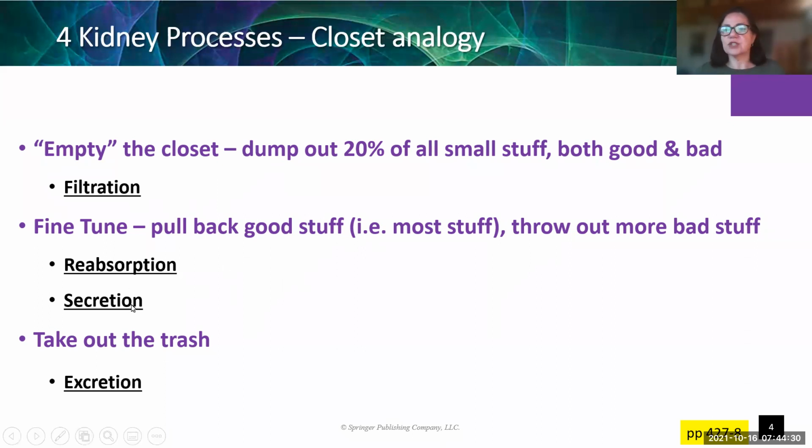That's the process of secretion, where we actively select things to pull out, not just dump 20% of whatever's in the closet. And then finally, the stuff that's left out on the floor, we take that out to the trash. That's the process of excretion. That stuff that got left out of the closet is not going to find its way back in, and we just need to get rid of it, get it out of the house. And that's urination.